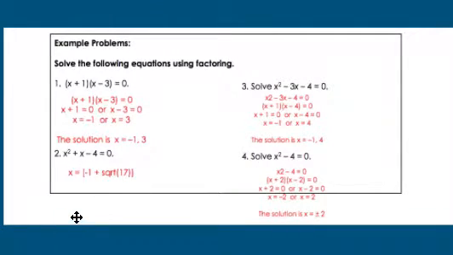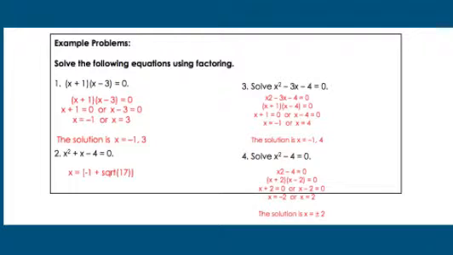For number 2, you actually can't. This one doesn't factor since there are no factors of 1 and negative 4 that equal the negative 4. And it isn't formatted as squared part equals a number. So you can't use square rooting to solve.